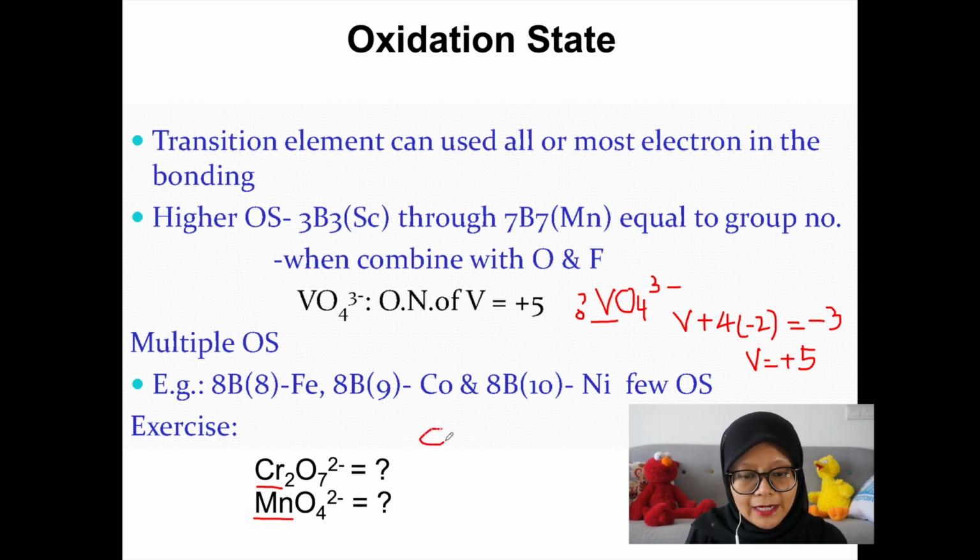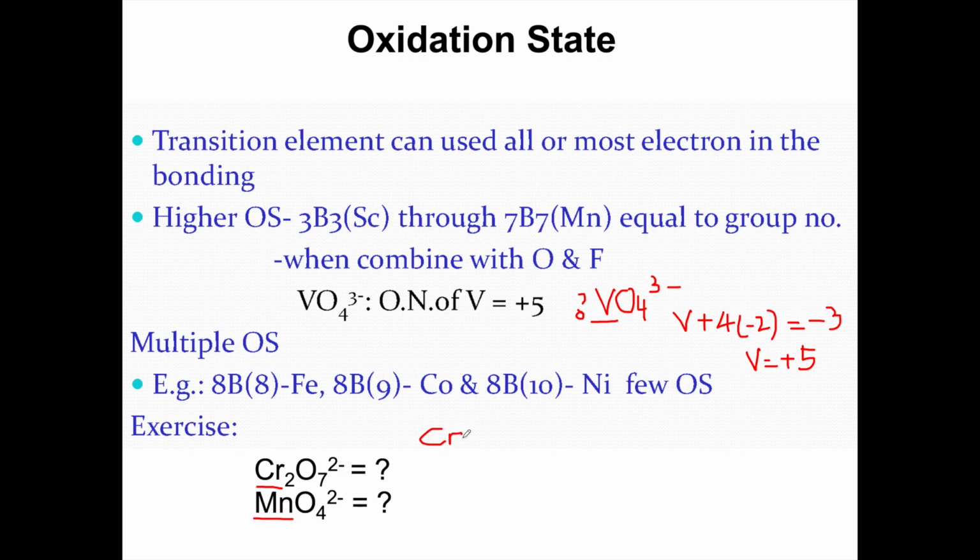For example, here dichromate, Cr2O7 2-. You need to determine the oxidation state for the chromium. So you have 2 chromium, and then you have 7 oxygen.